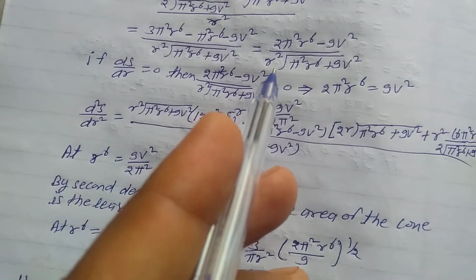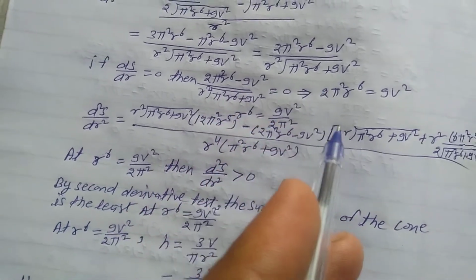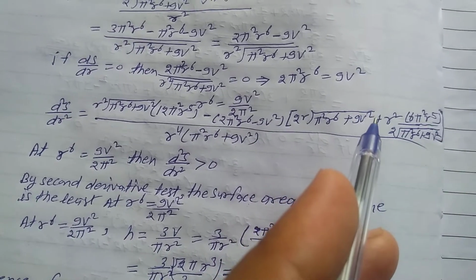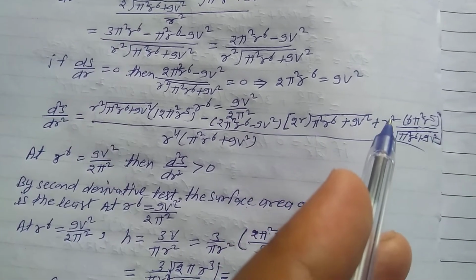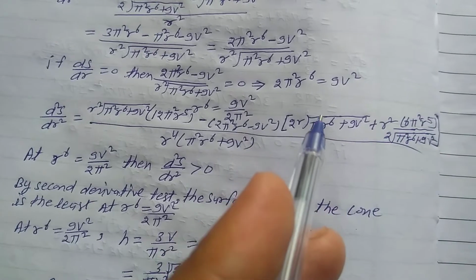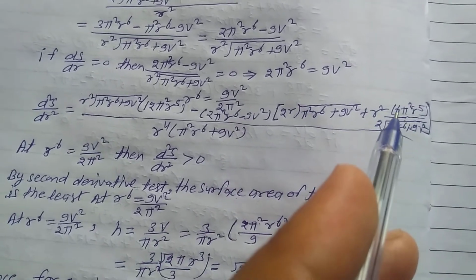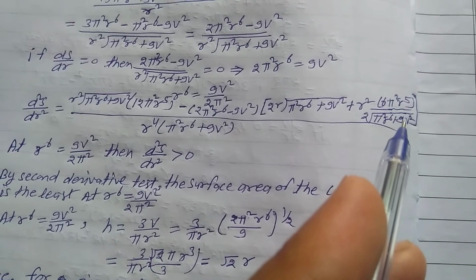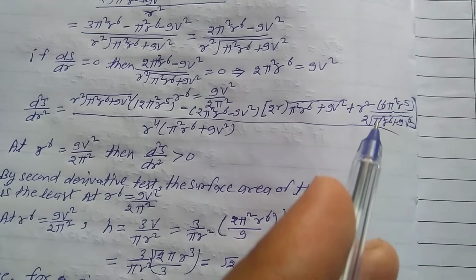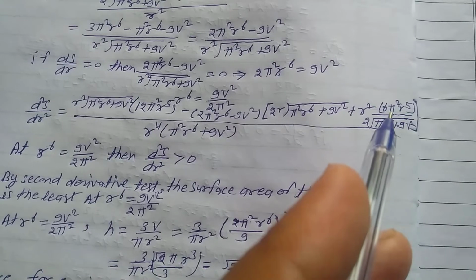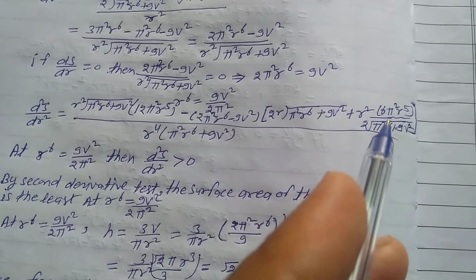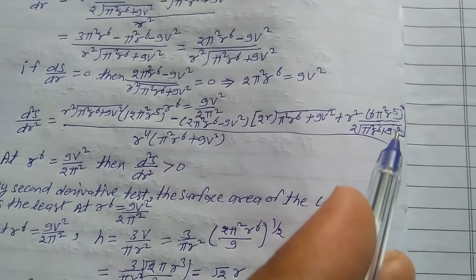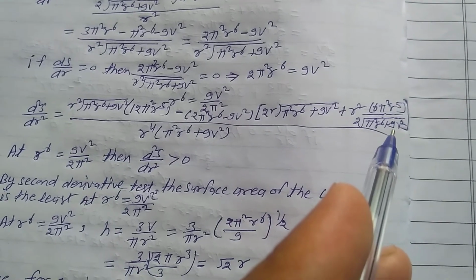First we differentiate r square, and the root term is as it is, so 2r root of pi square r power of 6 plus 9V square. Plus here r square is constant and we differentiate the root, so 1 upon 2 root of pi square r power of 6 plus 9V square, with the differentiation inside the bracket: pi square is constant, r power of 6 differentiates to 6 r power of 5, and 9V square is constant, so its differentiation is 0.